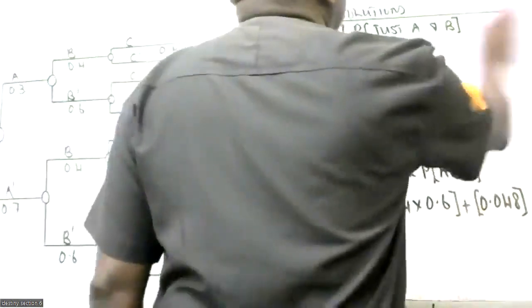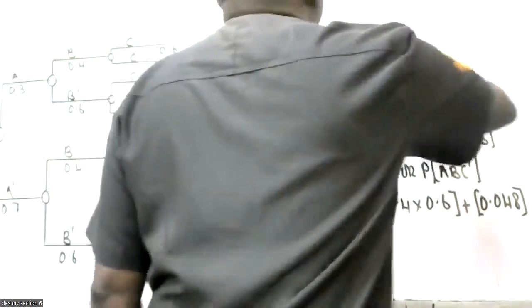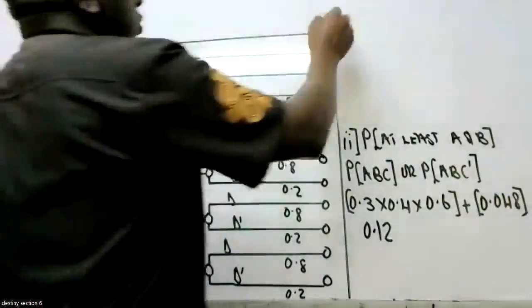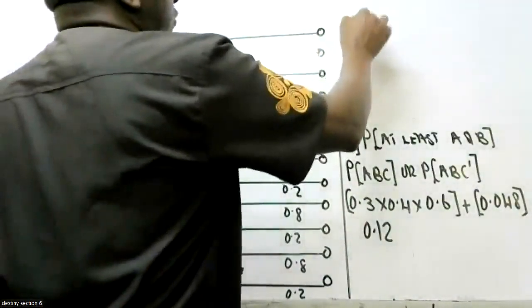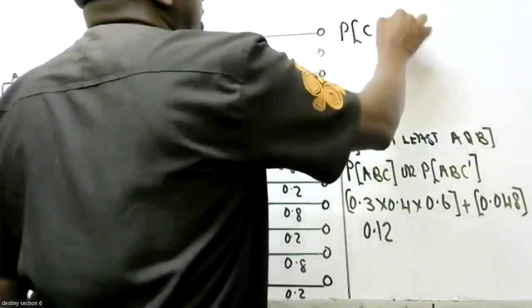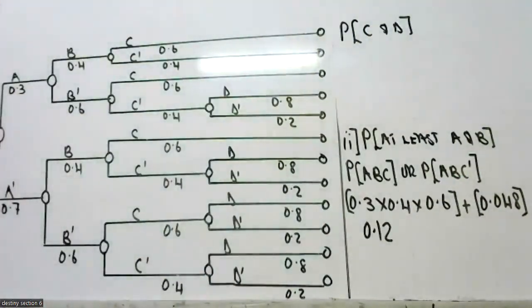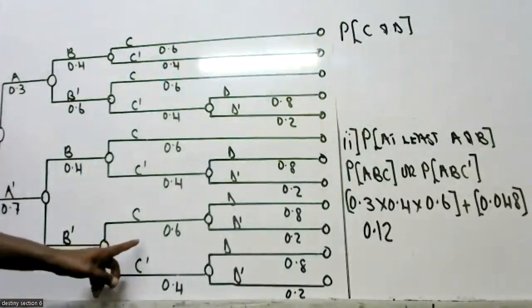Probability of getting C and D. Now we look for where we have gotten the two of them, C and D. And I think it's just here. It's only one.